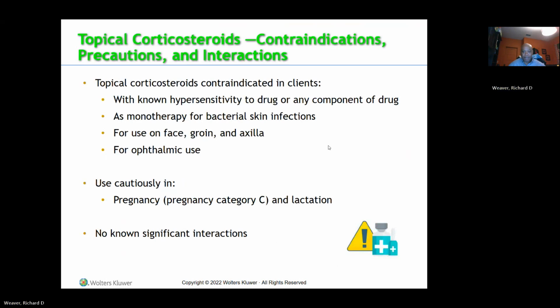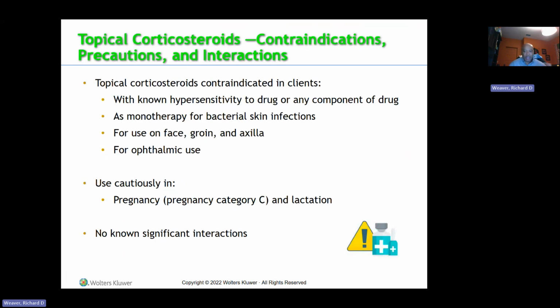All right. If we use it in the eyes, it can cause steroid-induced glaucoma as well as cataracts. So don't do that. Now, the topical corticosteroids are not used as, again, sole therapy, especially in widespread psoriasis.